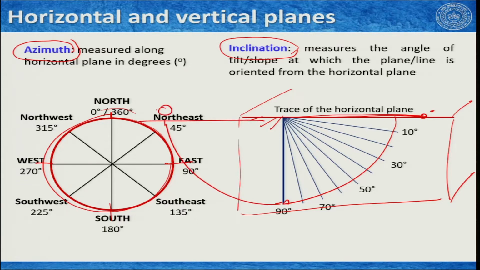And therefore, if you remember, in the clinometer or Brunton compass, we have seen 0 to 90 and 0 to 90. Okay. So, we have azimuth, where we measure things along the horizontal plane, and we have inclination, where we measure things along the vertical planes. So, let us see how we can bring these two things together to define structural elements, both linear and planar.